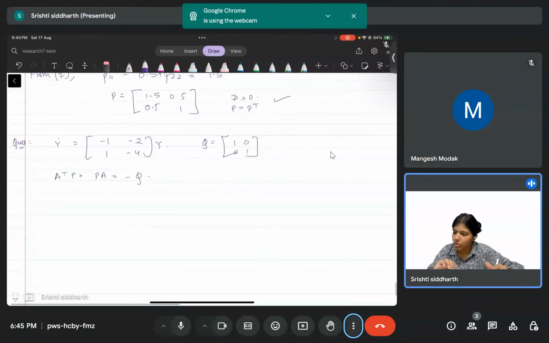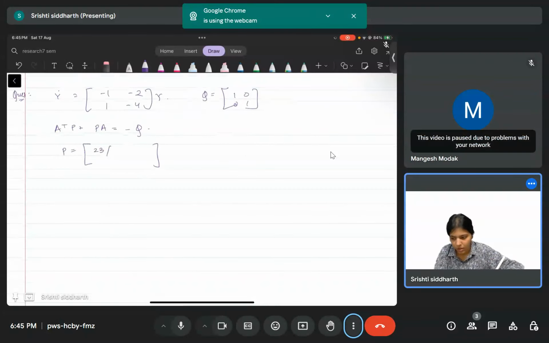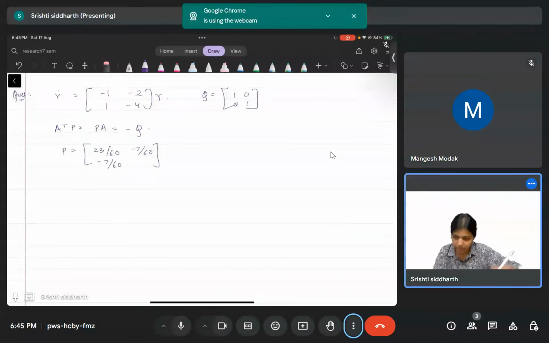I'm going to write down the P matrix already. You can cross check later. So minus 23 over 60, minus 7 over 60. Now we can check that P is symmetric and it's positive definite.